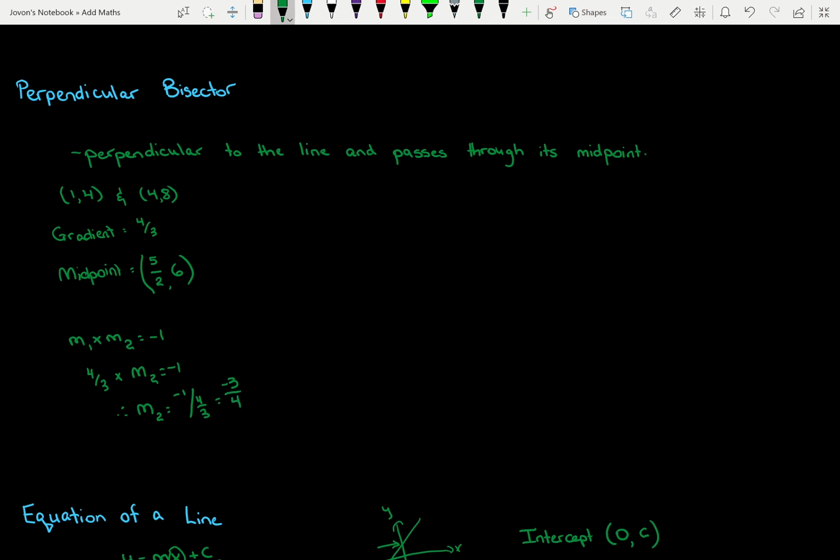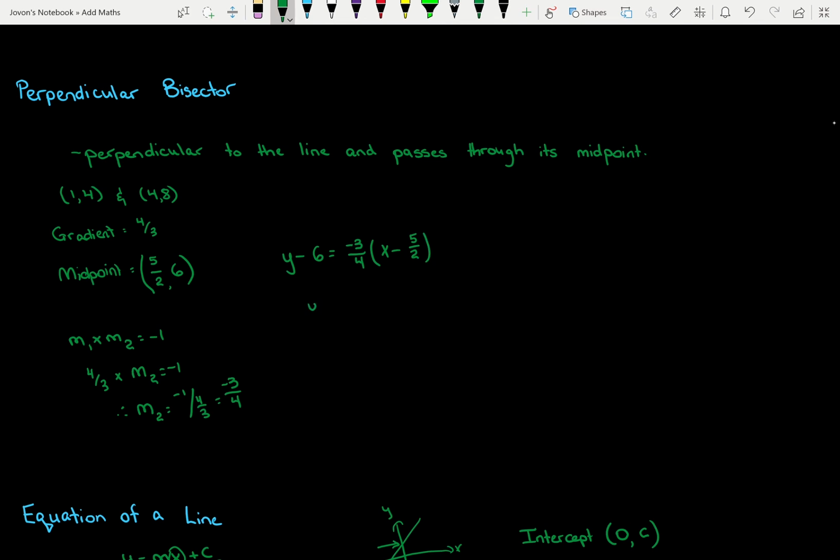So the gradient of the perpendicular line is -3 over 4. And using the equation that we found from above, we have y minus y1, in this case y1 is 6, is equal to m, which is -3 over 4, onto x minus x1, which is 5 over 2.